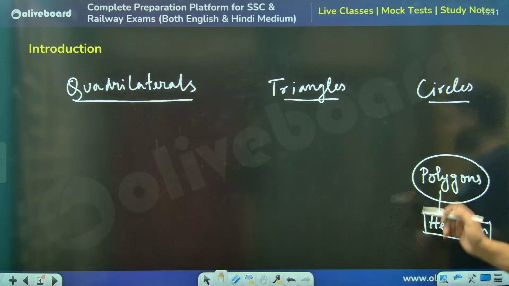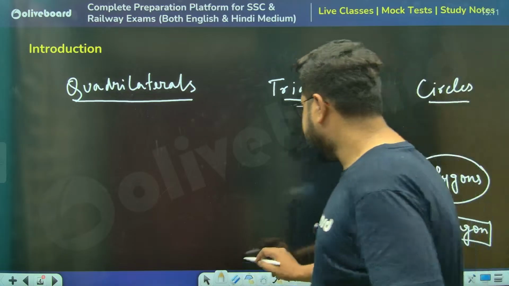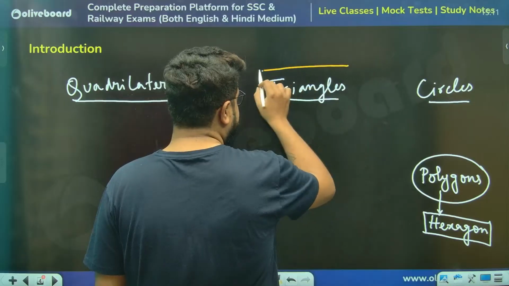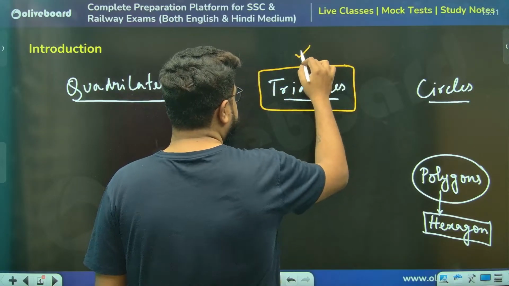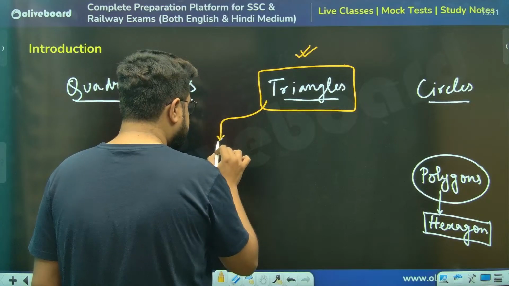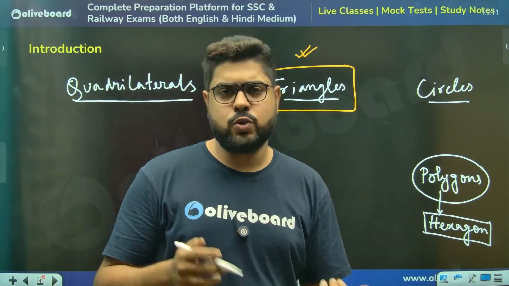So this is the bifurcation. Now, where will we start? We will most definitely start from triangles. First things first: in 2D mensuration you need to understand 2 things.